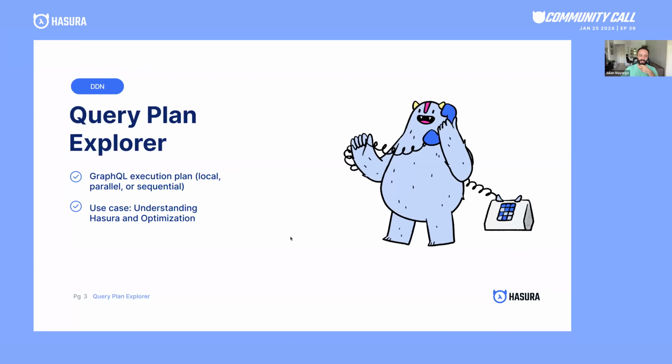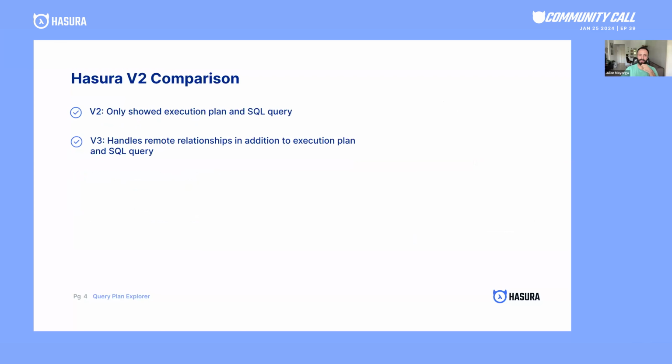This is very different to the explain functionality in V2, because we also gave you a way to understand your queries a bit more. But in V2, we only showed the execution plan and the SQL query explain functionality. So you know at the query level, at the SQL level, how everything behaves.